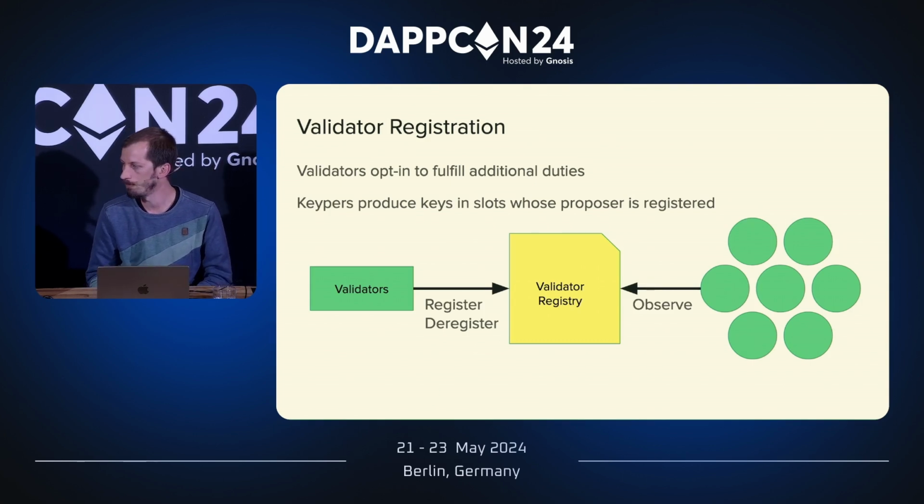Also, if they were to release the keys at the wrong time for a slot when the validator wasn't registered, then you're essentially making all of those transactions public. So someone else could then include them and extract MEV or do something like that. So it's quite important to only release keys when there's going to be a valid proposer afterwards who's actually going to include them and follow the protocol.